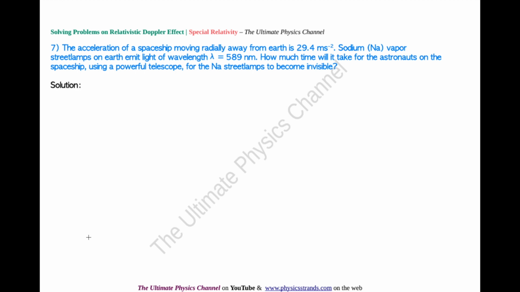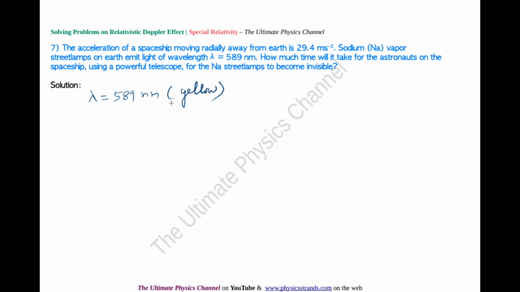How much time will it take for the astronauts on the spaceship using a powerful telescope for the sodium street lamps to become invisible? So clearly, we know that sodium vapor lamps emit typically yellow light, whose wavelength is 589 nanometers.